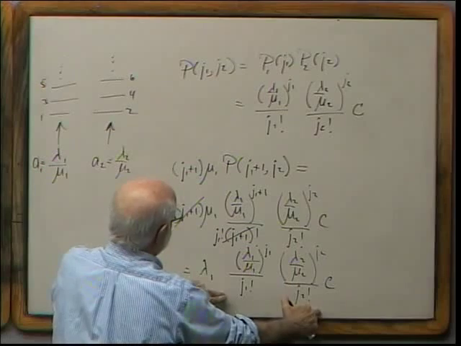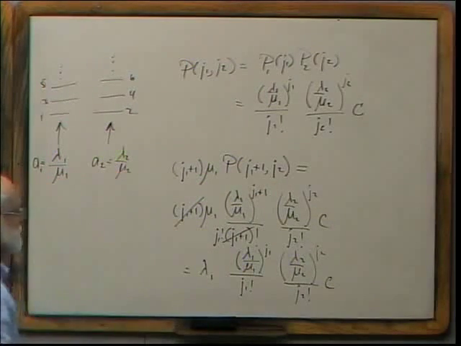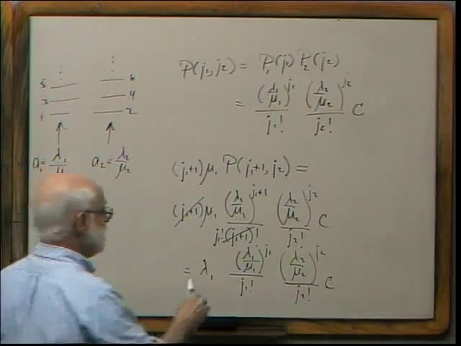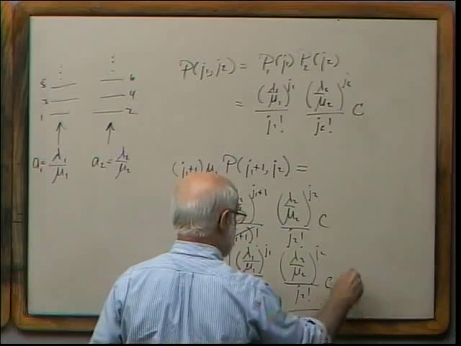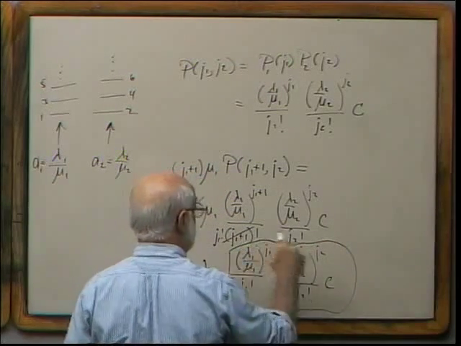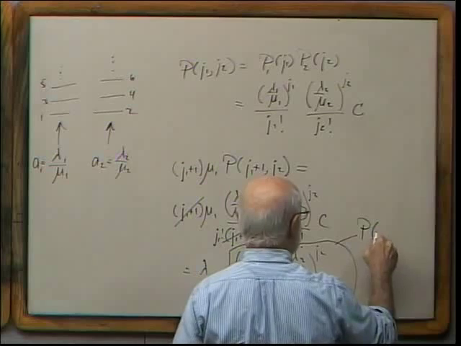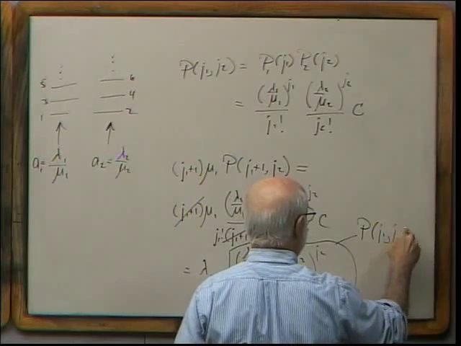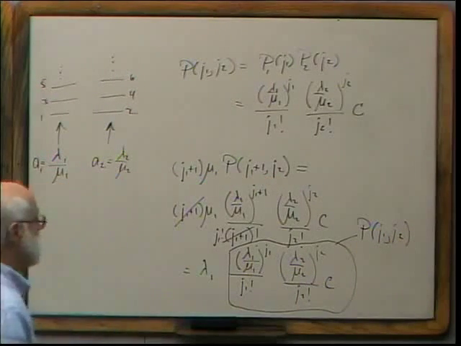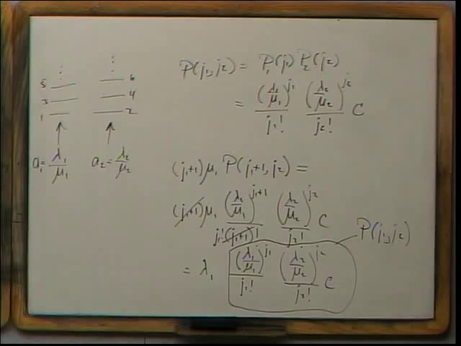But what is that? Well, this part right here is exactly P of (J1, J2). So what I showed was that this term right over here is exactly equal to this term right over here, that times that.